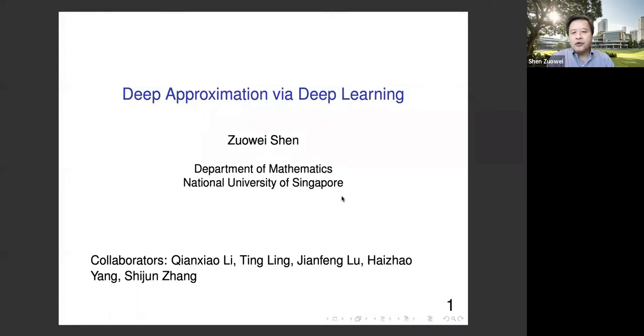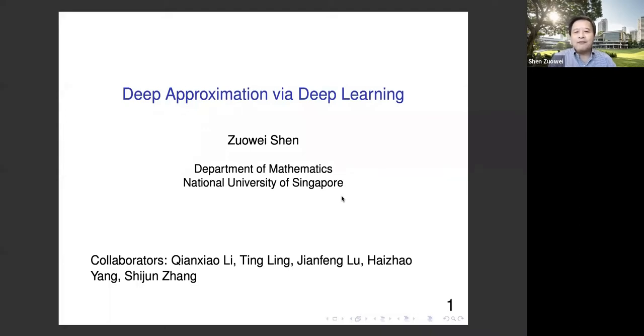So what is new that deep learning provides to us? This deep approximation is different from the classical approximation, and this is what I'm going to talk about. To understand deep learning, we cannot just look at the available theory and hope it explains everything.